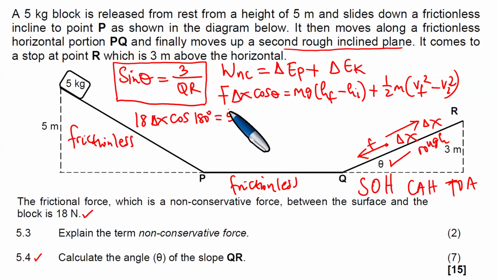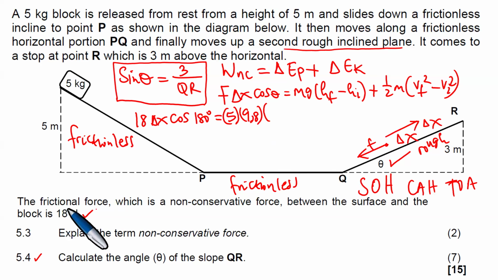The mass is 5 kilograms. The g is 9.8 meters per second squared. Okay, let me see what you're getting. Good. How do you find the friction value? It was given.